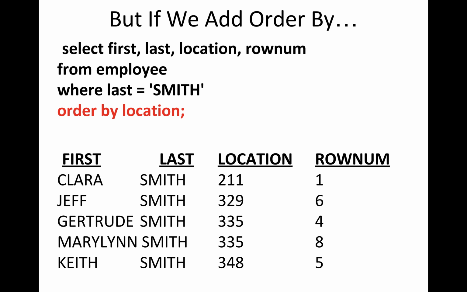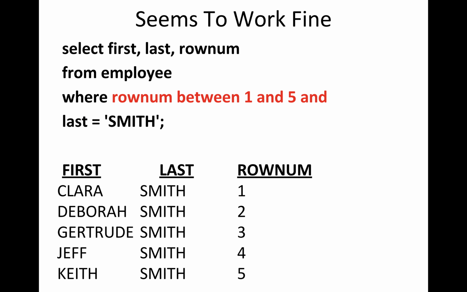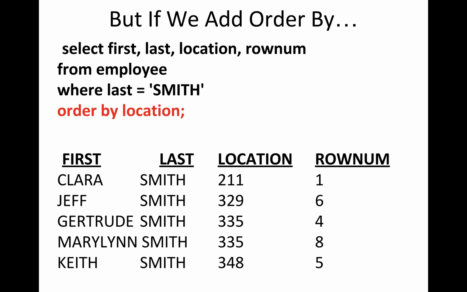But we might ask for an order, and say, okay, order by location. Notice that first and last were ordered alphabetically, but say we add a new field called location and order by location. What's happening is that you first get a query, not the order by, and it enumerates the ROWNUM, which would have a natural number of 1, 2, 3, and so on.